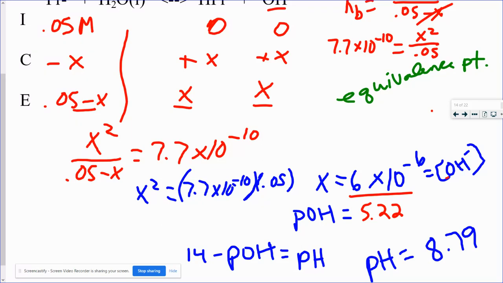And I get 8.78 actually. I wasn't very good about keeping sig figs on this. You guys should do a better job of that. But our pH comes out to be 8.78, okay? And so that's the equivalence point, right? And that means all of the weak acid has been used up and it formed its conjugate base.